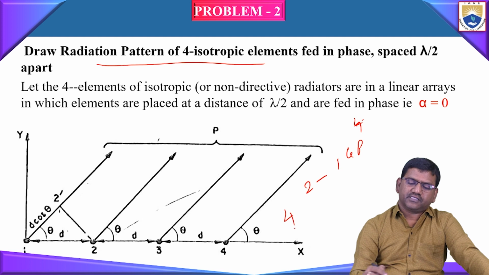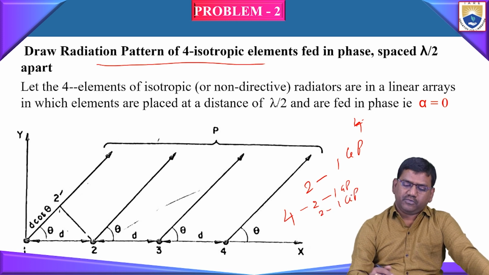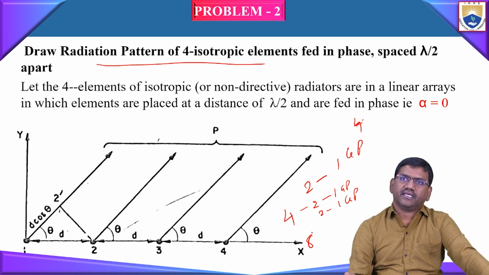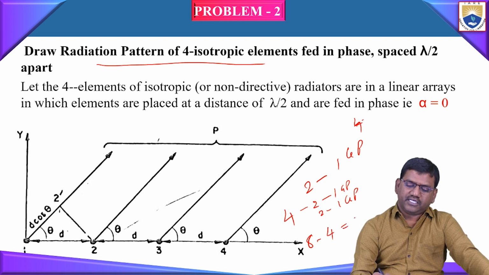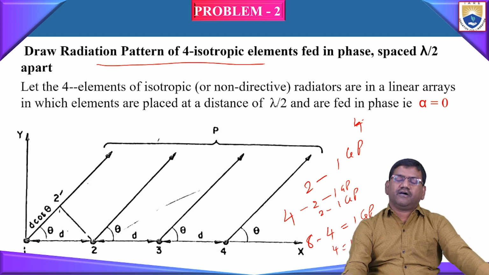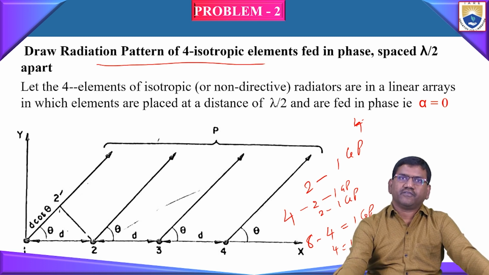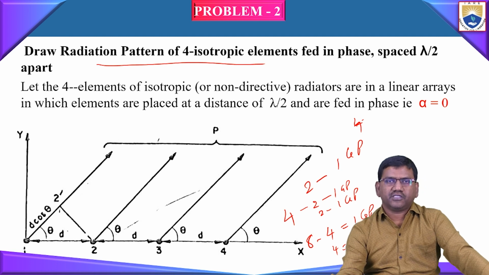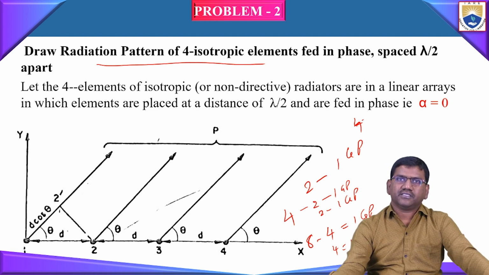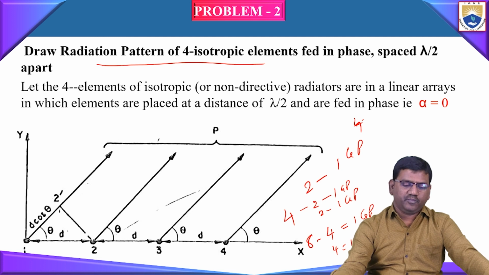Suppose there are 4 elements, we are going to combine 2 elements as one group pattern and 2 elements as another group pattern. Suppose there are 8 elements in an array, then 4 elements is treated as one group pattern. So we need to remember what actually the group pattern means. It depends upon the number of elements: how many elements are going to combine, the radiation field produced by that number of elements, we call it a group pattern.